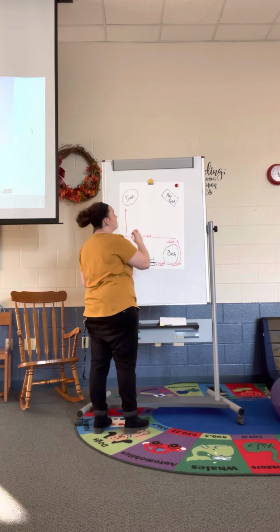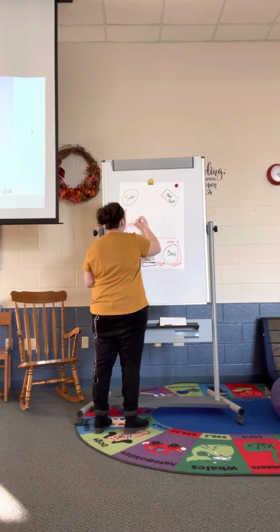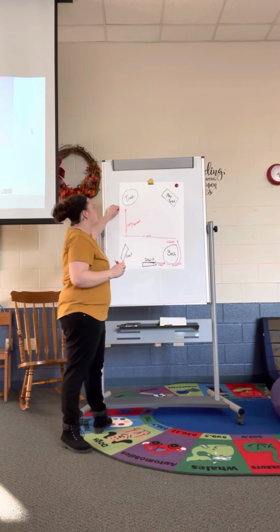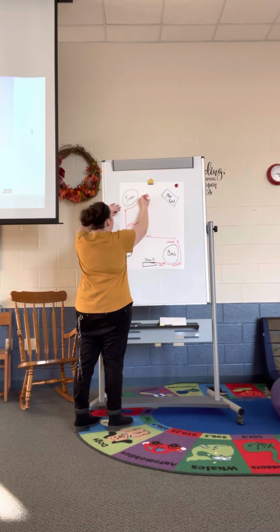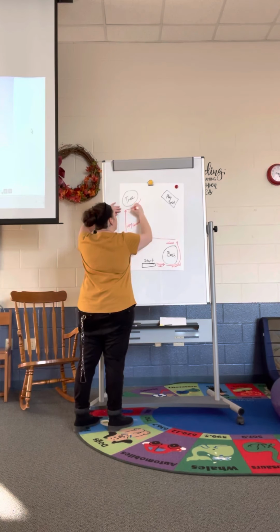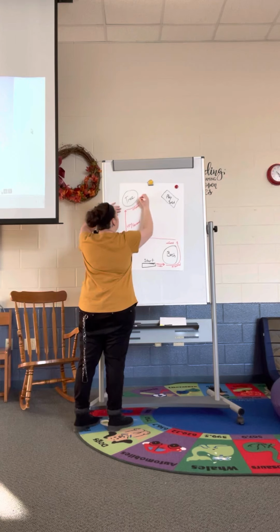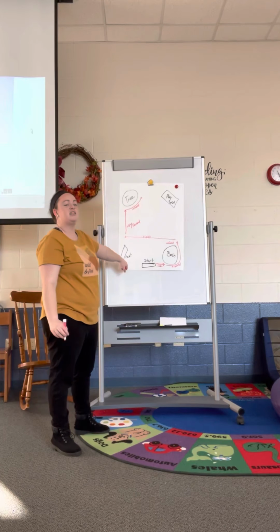So go up and forward. Once we get to the tree, we're going to go around in front of the tree. And then now we're going to go to the seat.